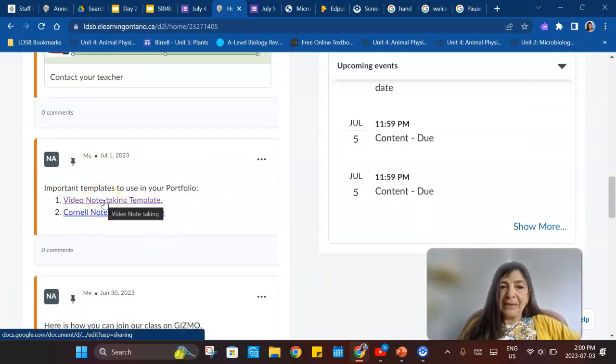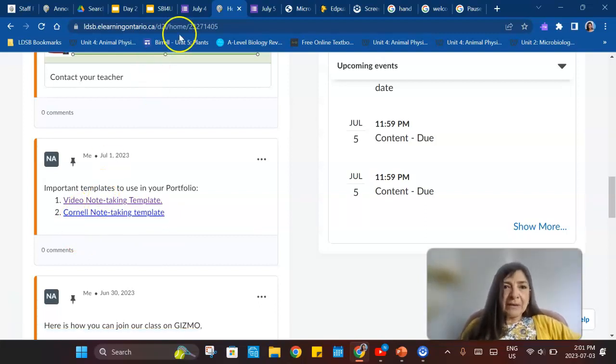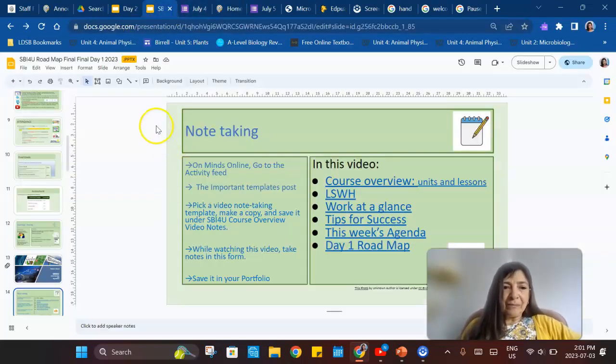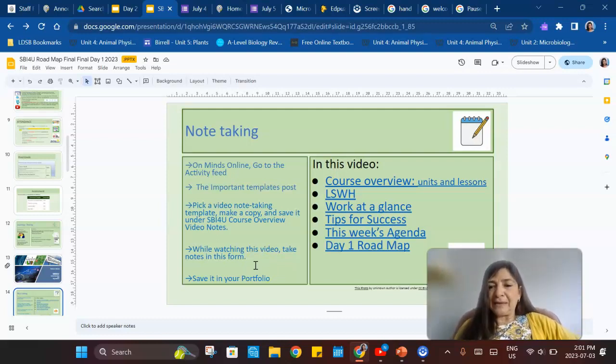Open the video note-taking template and make a copy. Start taking notes while you're watching this video. And at the end, you are going to save this note in your portfolio. So you can pause now, get ready, and resume when you have your notes ready.